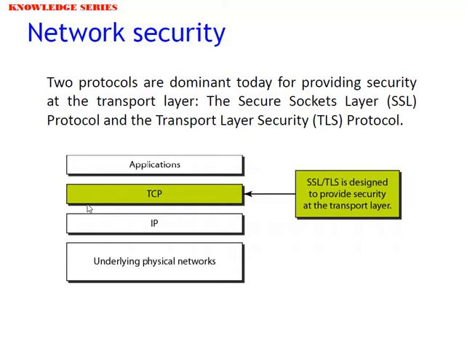To achieve network security, different protocols are followed, such as S/MIME, SSL, TLS, SSH, and IP security. Here, two protocols are prominent in the current scenario for providing security at the transport layer. One is the Secure Socket Layer protocol, and the other is Transport Layer Security.